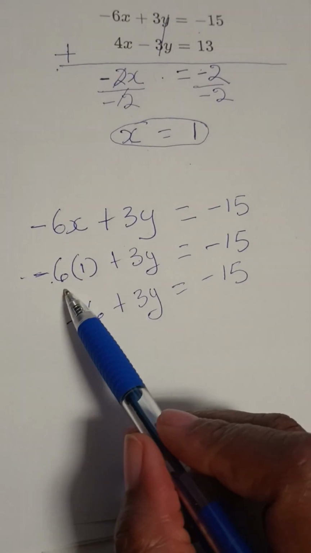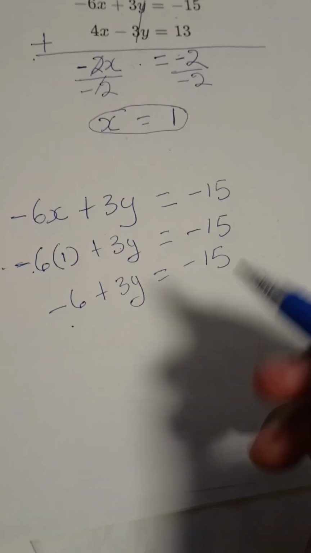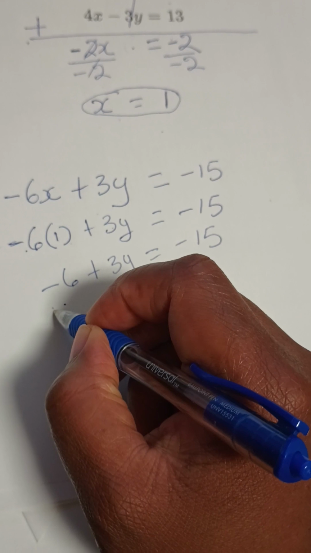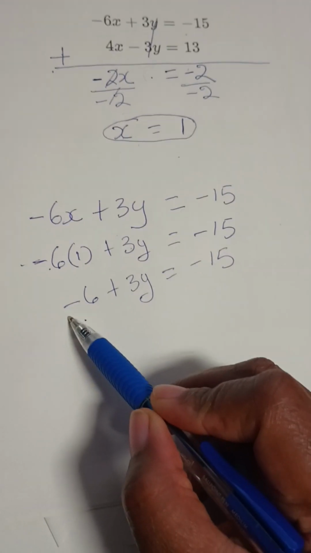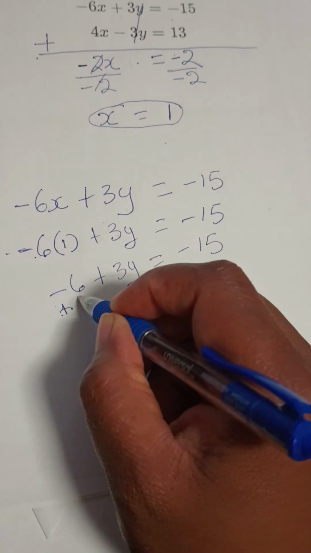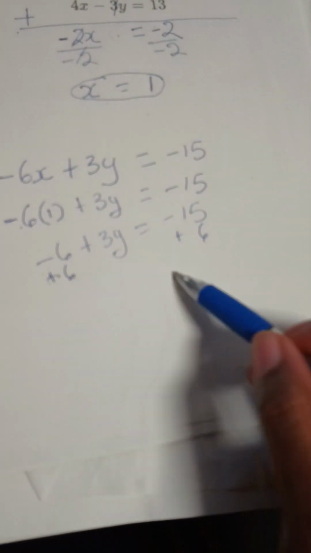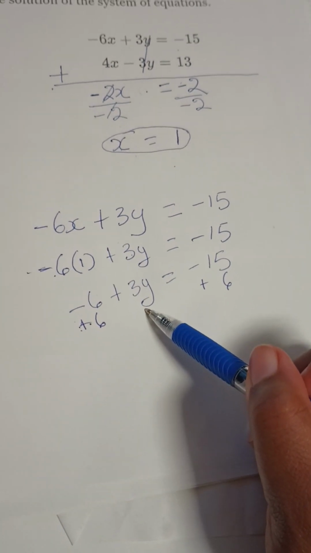Okay, so now I have my negative 6. I'm going to add 6 to both sides. So you're going to use the opposite sign. So this is negative 6, I'm going to add positive 6 to both sides of the equation, right? Because we are aiming to solve for y.